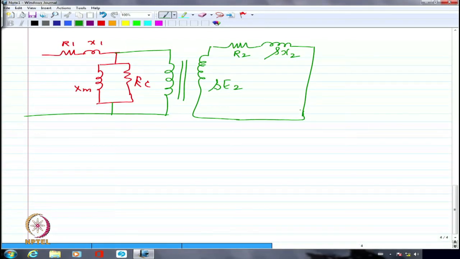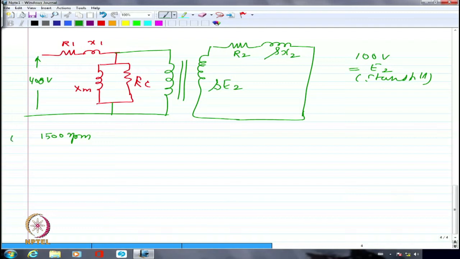Right? Let me try to talk about some values a little bit. If originally I had applied maybe some 400 volts, arbitrarily I am saying. Let's say I have applied 400 volts and maybe I had gotten 100 volts here at standstill EMF. Now maybe I have a 1500 RPM induction motor, which is omega S is 1500. Maybe omega R is something like 1490 RPM or 1485.